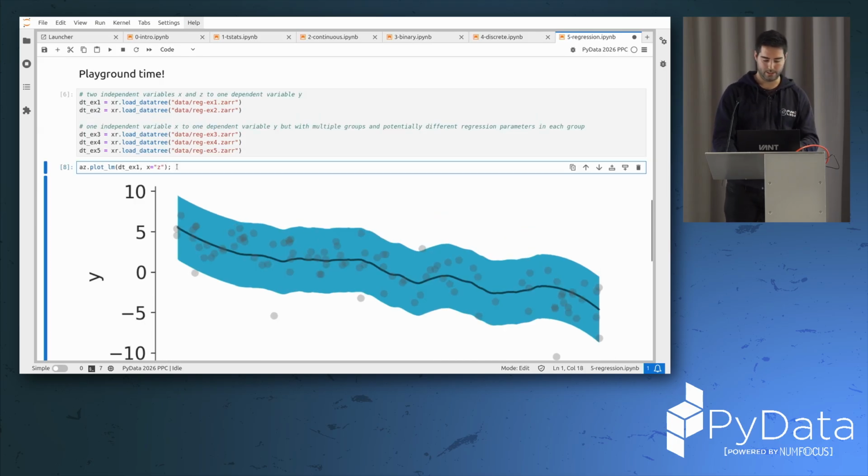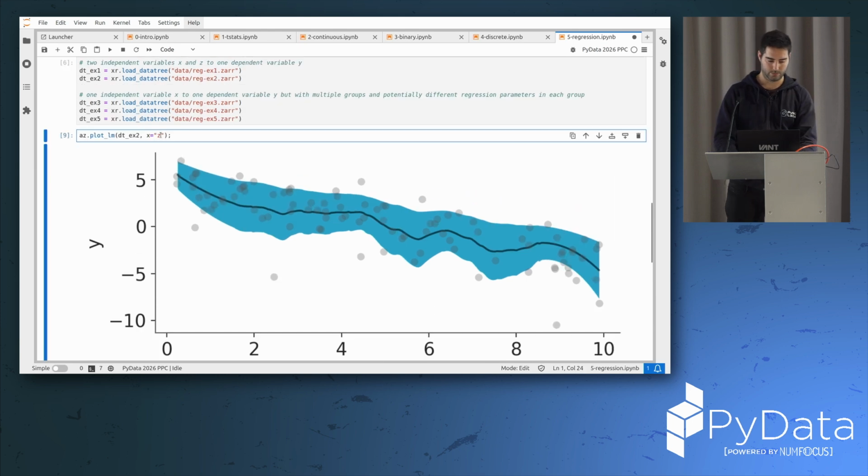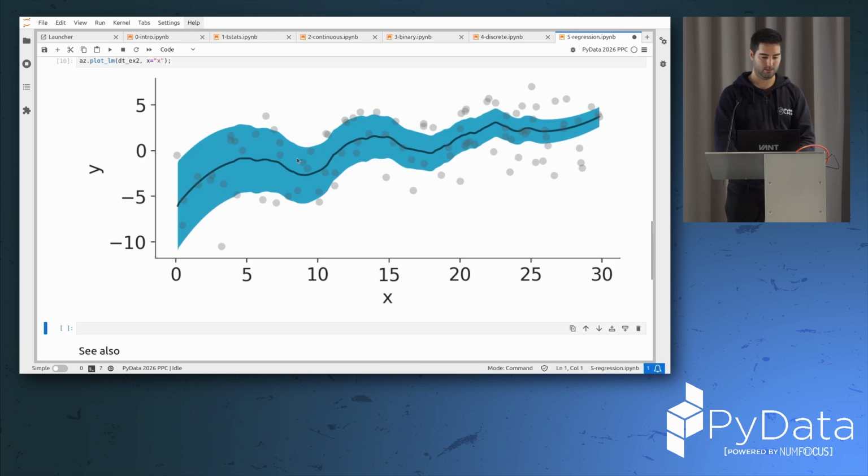If we look at the second example, it's actually even worse, because now the dispersion of our regression, the sigma, also depends on the x. So here it's like randomly increasing and decreasing, and if we set the x, it decreases as the x increases, while the mean continues to depend on z.